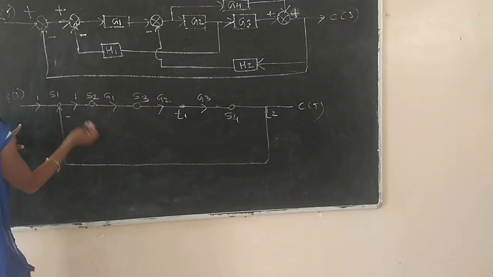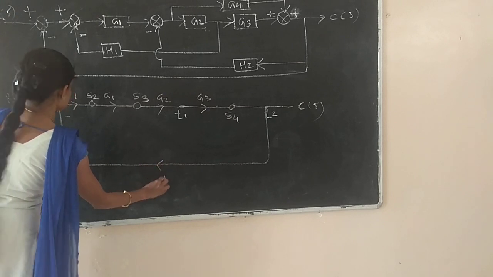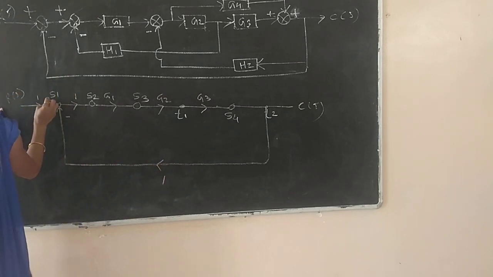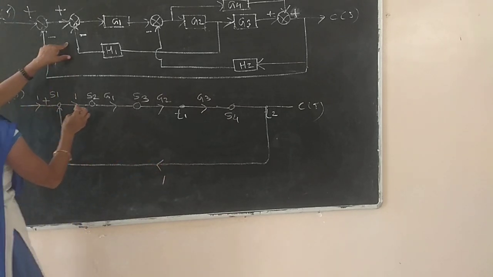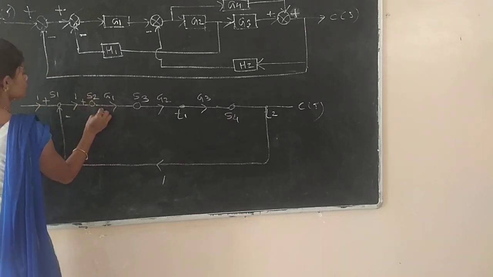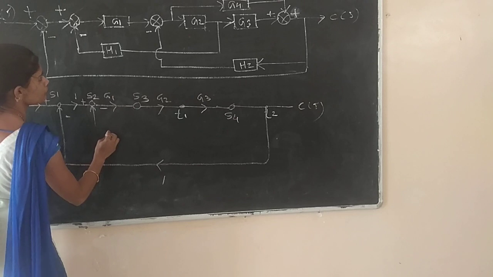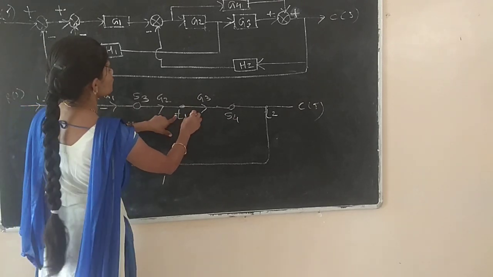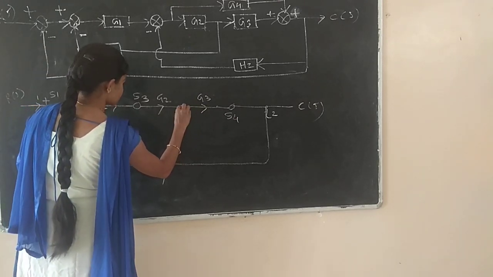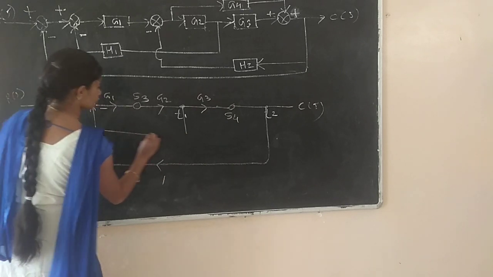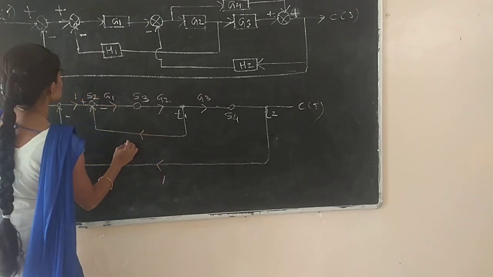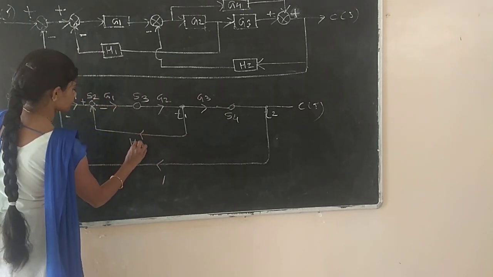Here it is a minus, positive and negative. Then the second summing point is positive, negative, and this is H1 after G2, at this take off point.